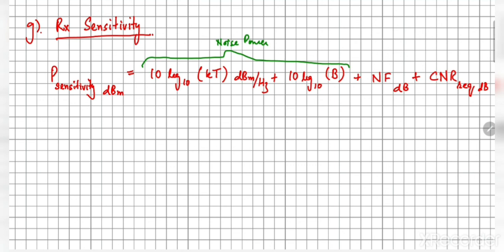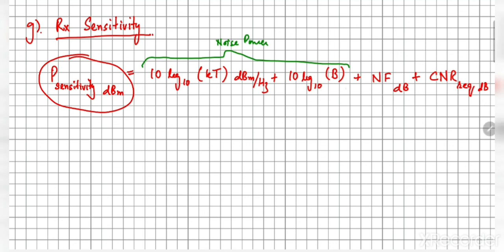All these quantities added together will produce basically the signal power which you must provide at the input of the receiver in order to ensure that the message is successfully decoded.